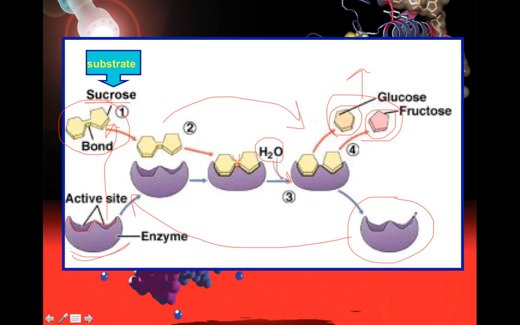Remember, because it's a catalyst, catalysts are able to be reused over and over again. This same enzyme can do this over and over again. And that's how it allows chemical reactions to speed up, because it's helping the chemical reaction do what it's supposed to be doing. It's helping the water find the bond in order to break it. It's allowing this all to happen faster.